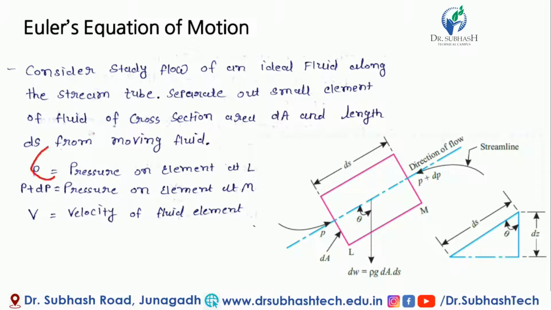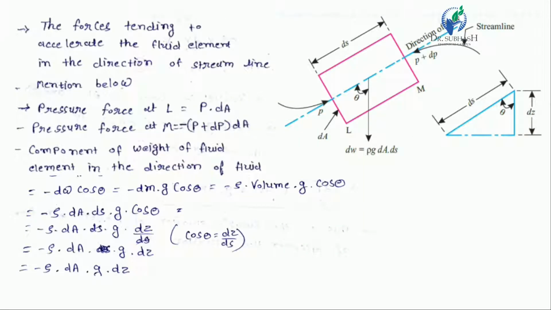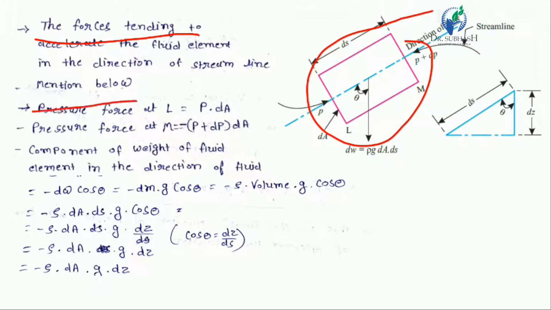Now pressure P is applied at L on the element and the pressure at M is P plus dP. V is the velocity of the fluid element.